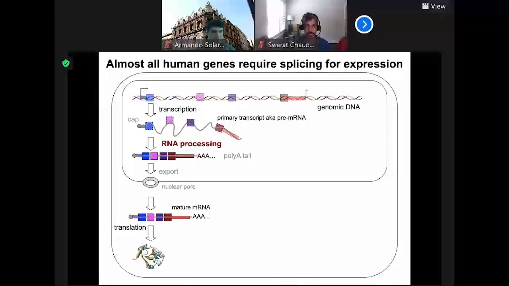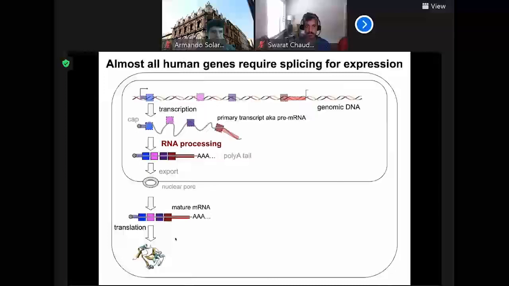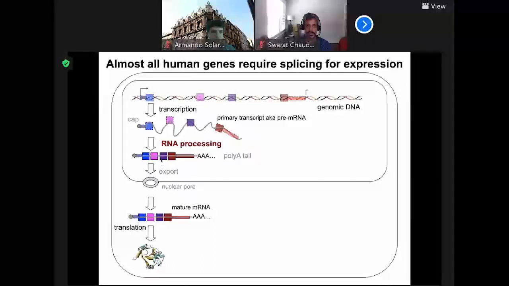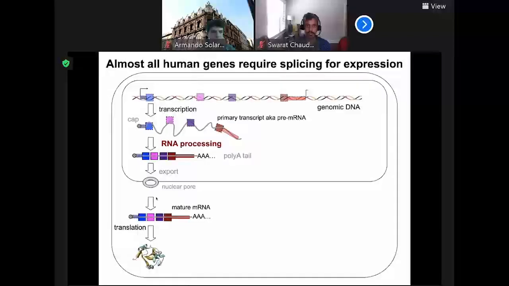And then there's this opportunity for variation in that splicing process, which can occur in different cell types, tissues or conditions. Splicing occurs in the nucleus and involves removal of introns and ligation of exons, as Armando introduced before, producing a mature mRNA that is then exported to the cytoplasm where it directs translation.